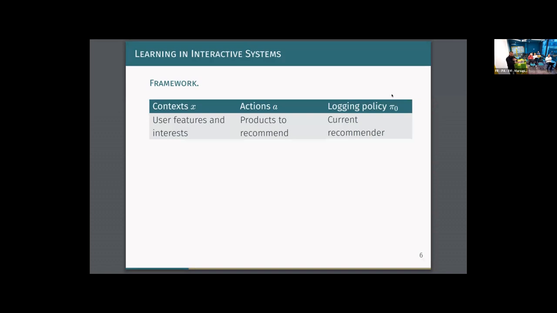This is the current strategy of the recommender system. If the current recommender system's strategy is to recommend the most popular products, this is our pi zero. If its strategy is to recommend the last product seen by the user, this is our logging policy.